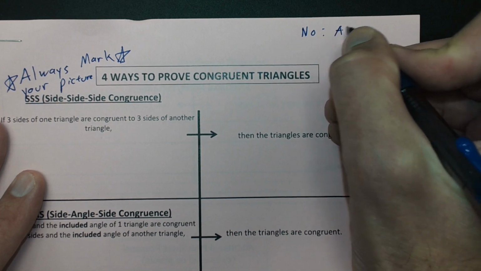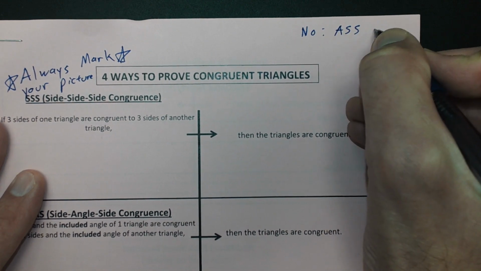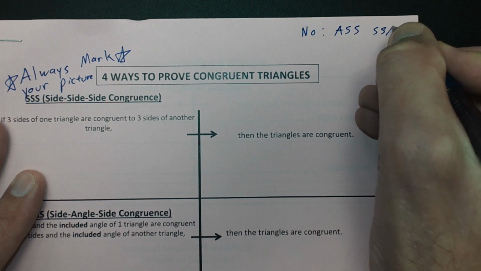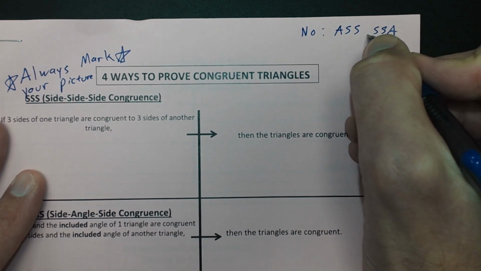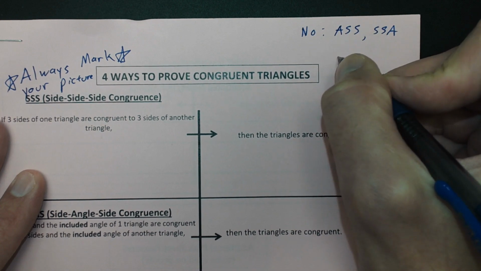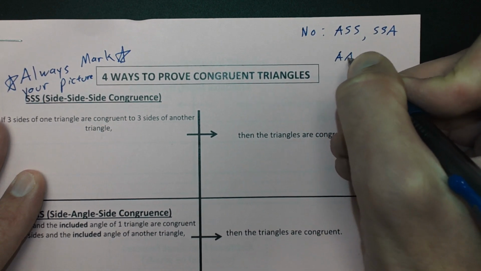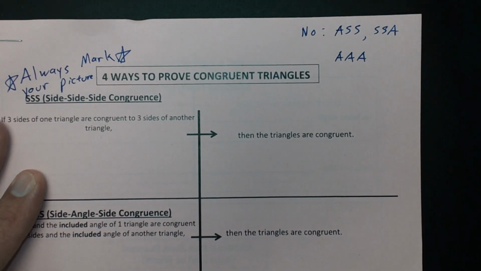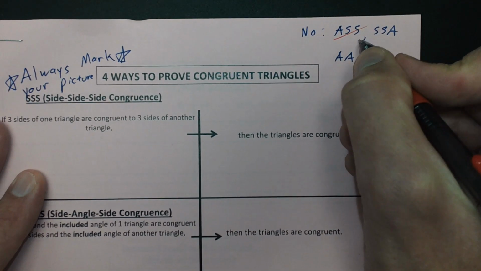There's no angle, side, side, or side, side, angle. It's the same thing, just different order. And there's also no angle, angle, angle. There is side, but there's no angle. So none of these are possible.